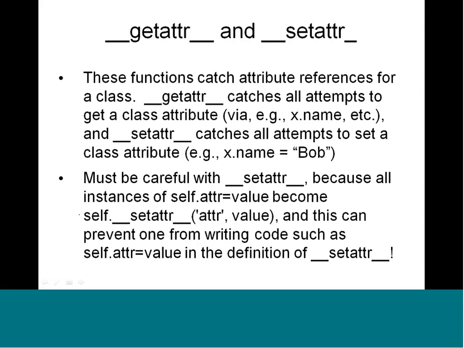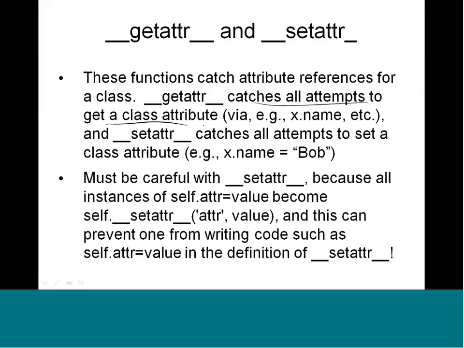Now there are more system-defined functions. One such is the getattr and the setattr. These functions catch the attribute references for a class. The getattr catches all attempts to get a class attribute, for example x.name, etc. And then the setattr catches all attempts to set a class attribute, for example x.name equal to Bob.